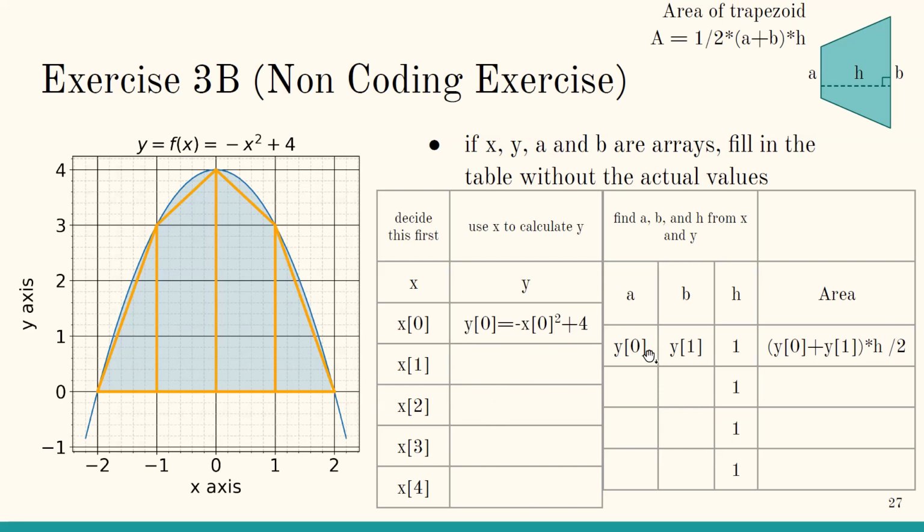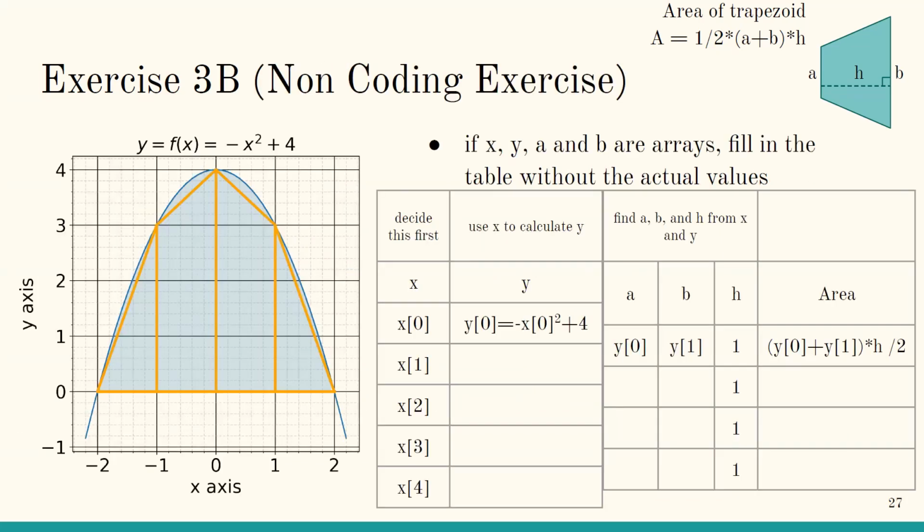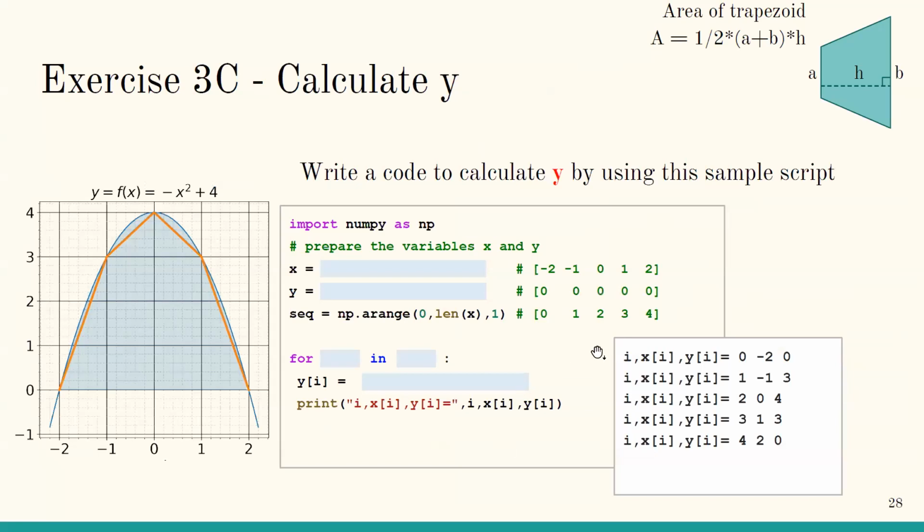And here, a and b is 0 and 3, right? So it's represented by the first y value and second y value. Okay, I think I'll give you some time to work on exercise 3.